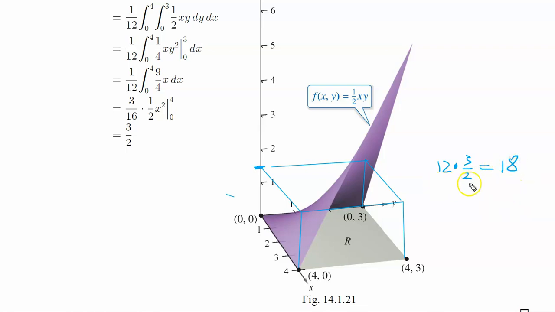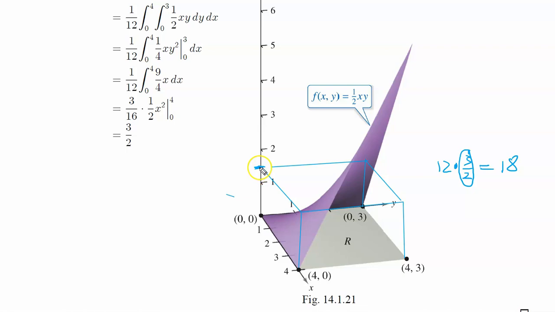Okay. So what we're saying now is this 1.5 right here represents the average value of this function, this surface, over the region R. So the volume of this box, which is 18, is the same as the volume of the solid that lies beneath this surface and above the region R. So that's what this average value represents.